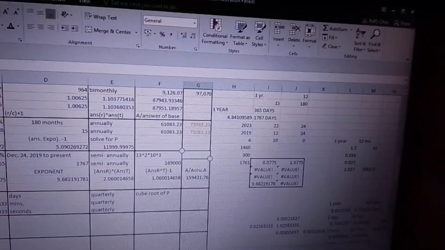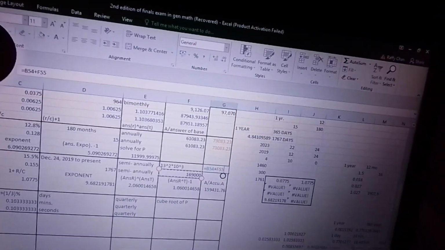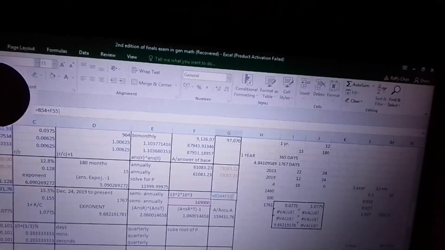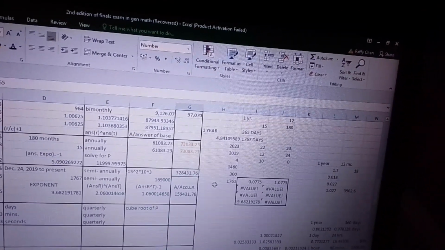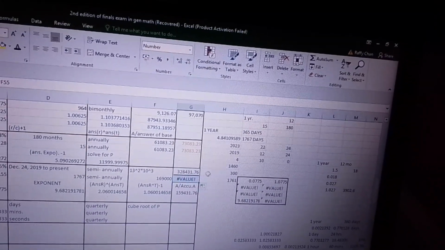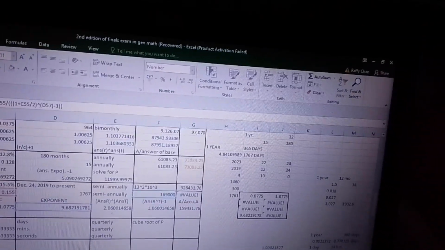And now we add. Remember gagawin tayo dito, kung magkuha tayo ng amount, it's always this guy plus this guy. And you should get the answer of 328,431.76 cents. Let's also put this here again para sure.